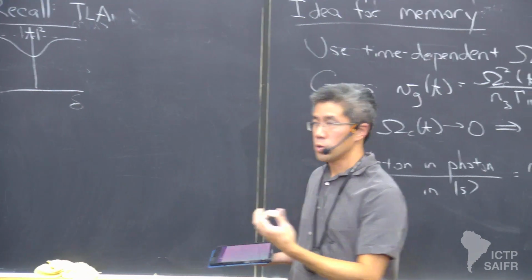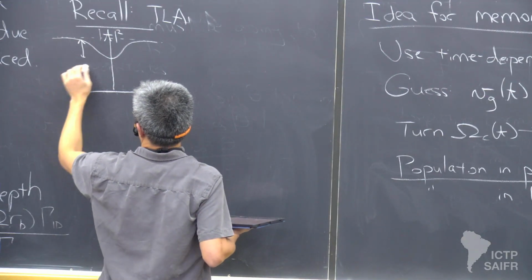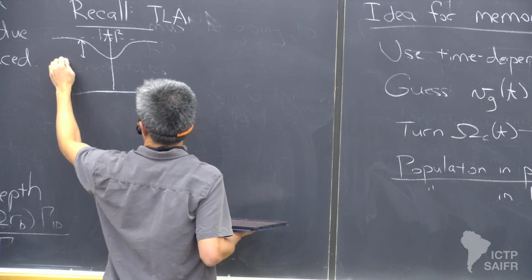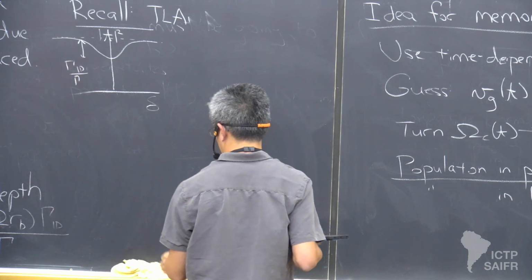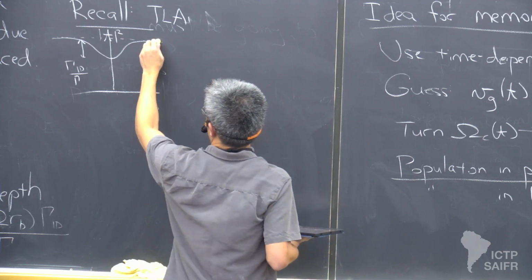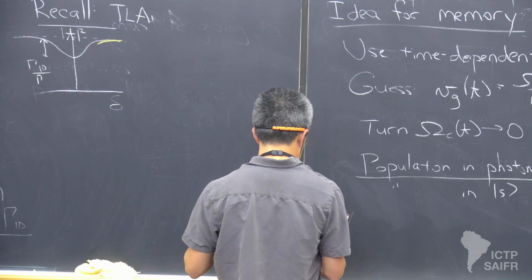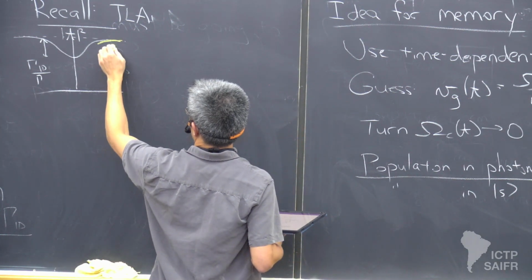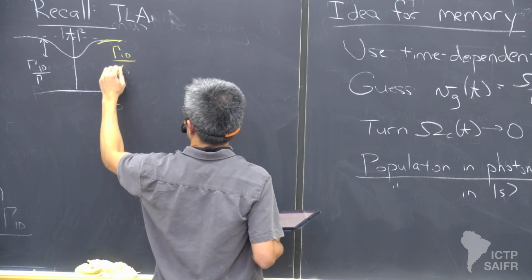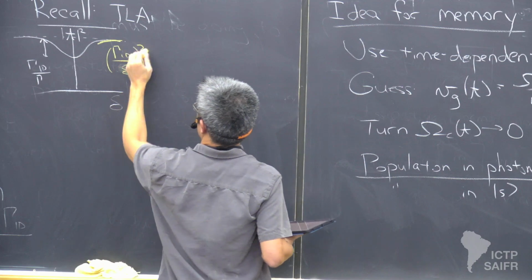A single atom in a 2-level medium is going to attenuate light on resonance by an amount that's proportional to gamma 1D over gamma. And when I'm far away from resonance, the amount of attenuation scales like gamma 1D over detuning squared.